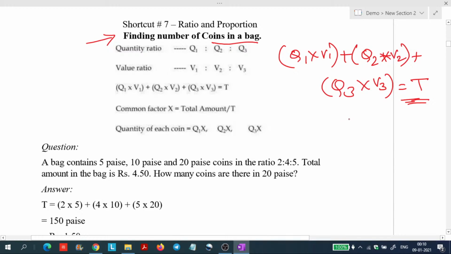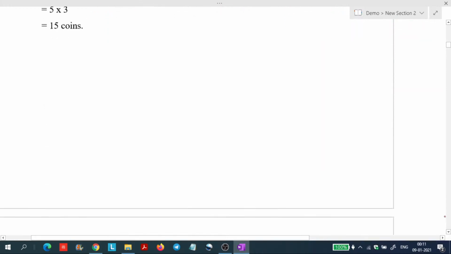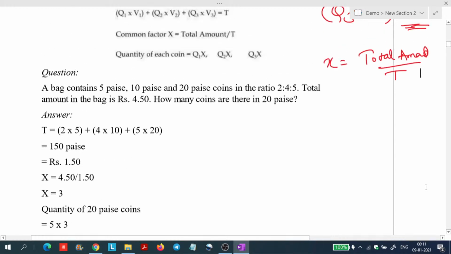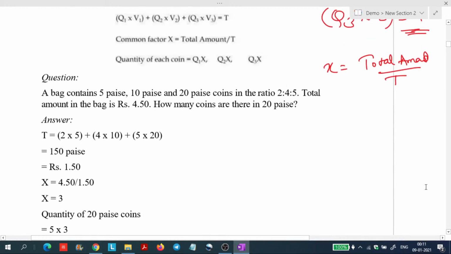The common factor x equals total amount by T, and the quantity of each coin is q1x, q2x and q3x.